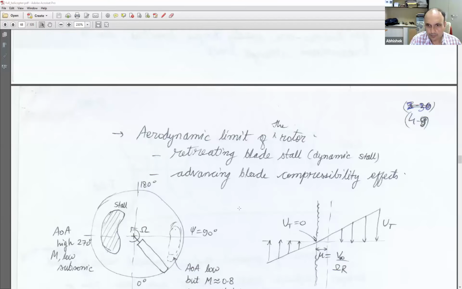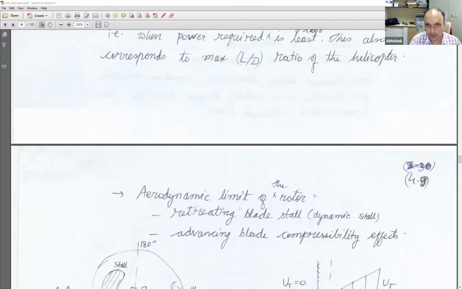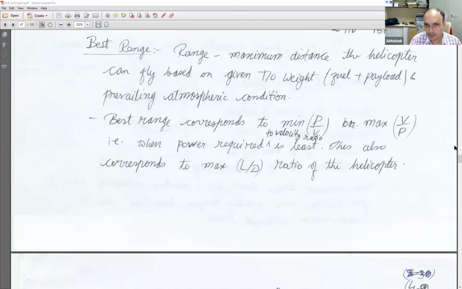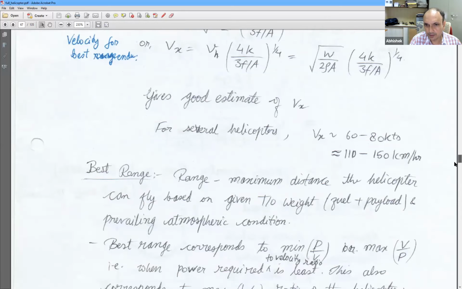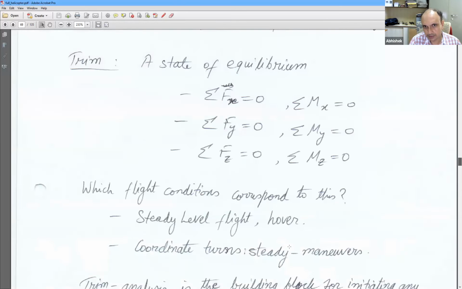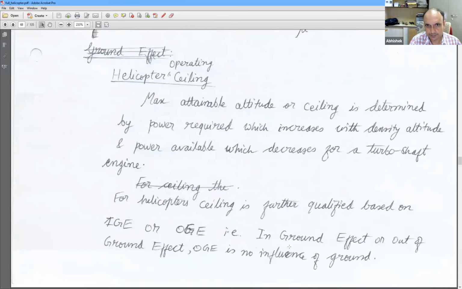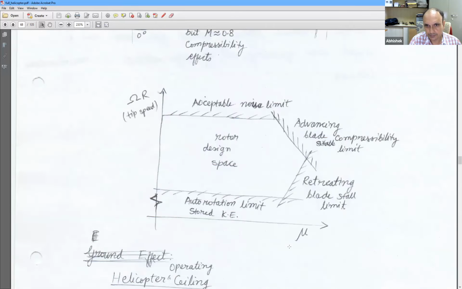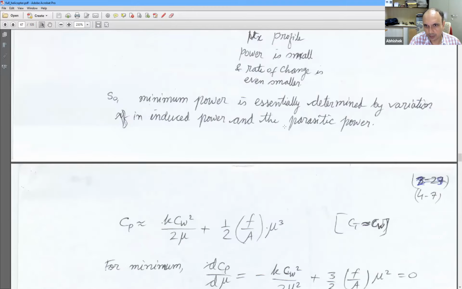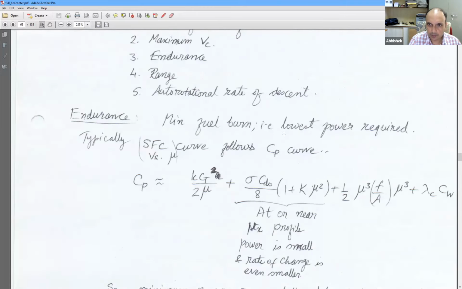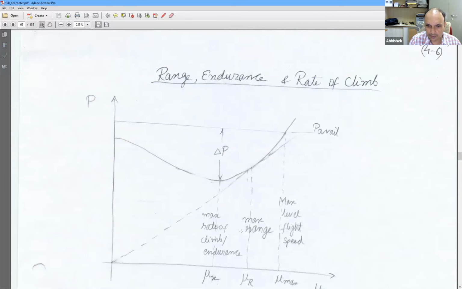For the maximum speed, we already know that it is the point where my two lines intersect. That particular point corresponds to the maximum speed possible.